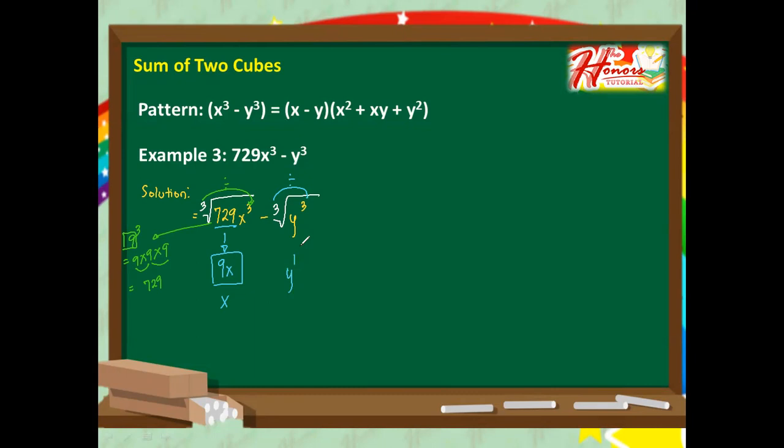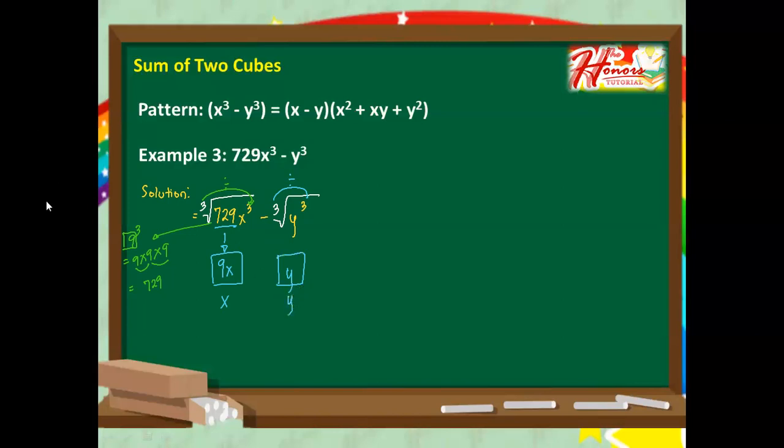Again, you have the freedom to write y raised to 1 or y, because when your exponent is 1, as I mentioned before, it is an invisible number. But if you write y raised to 1, you have to simplify it and change it to y. So this will be the value of your y.